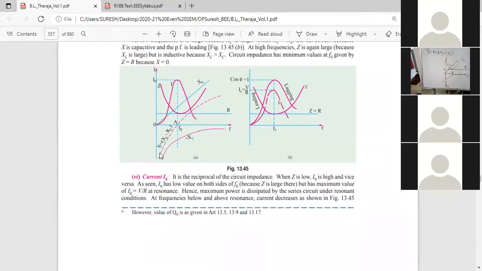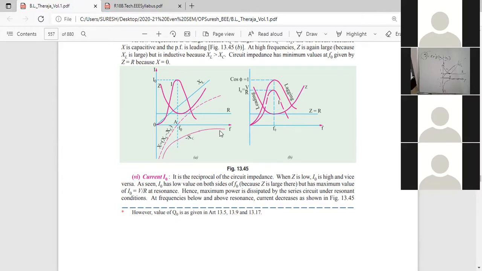Okay. See the curves. Observe the curves here. First, this is the XL curve, straight line. See your XC curve.